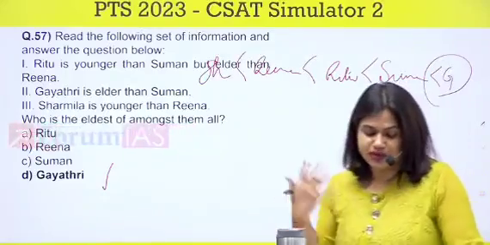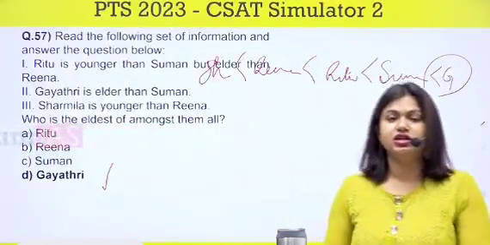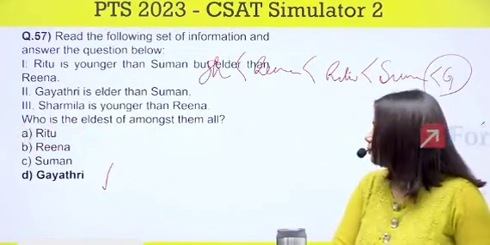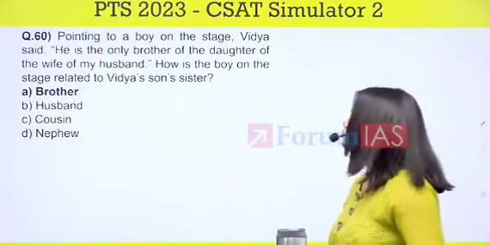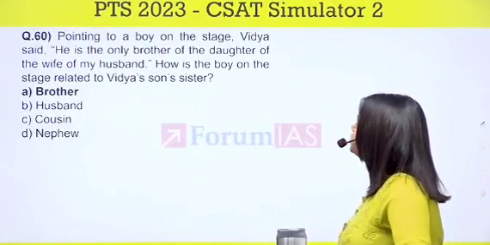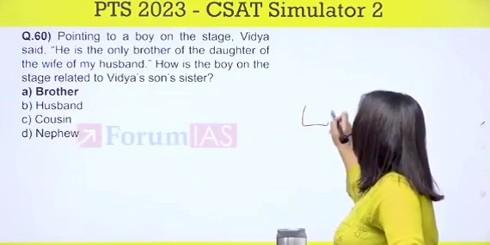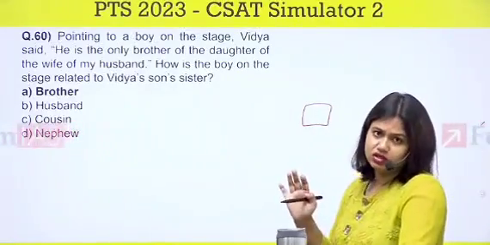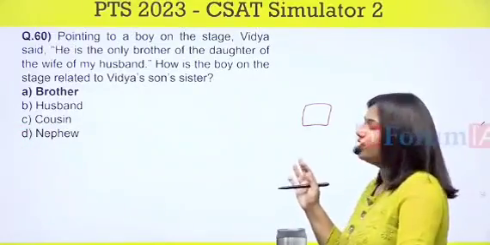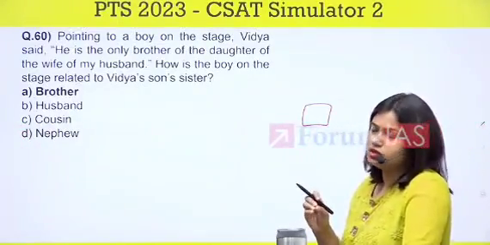Again, we have to practice so that our brain does not get tired when we are halfway through the question paper. Then, question 60. Pointing to the boy on the stage, Vidya says... now I don't know what is the gender of Vidya. You have to remember this. Just because you have the name, it does not mean that you have to know what the gender is.